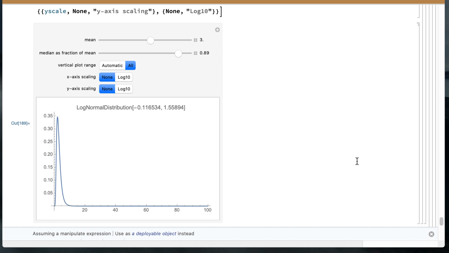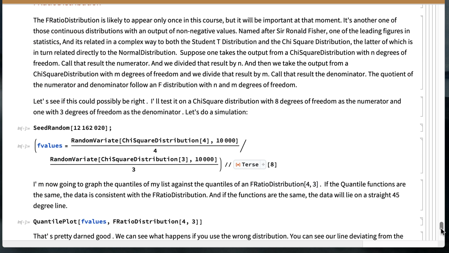In any event, that's an alternative parameterization of the log normal distribution. I present it here because it's more convenient, I think, for a lot of what we do. And just to remind you that there are multiple parameterizations, different ways in which you can describe the same actual distribution.